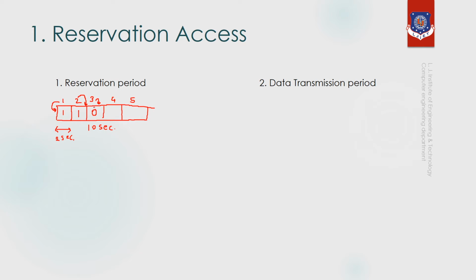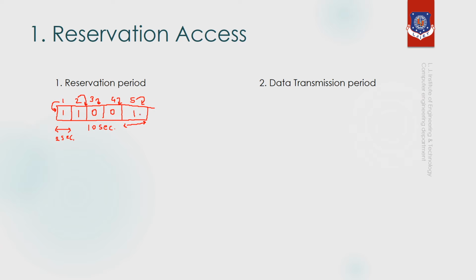So all the remaining devices will understand that device 3 is not going to send anything. Suppose device 4 also doesn't want to send anything, so it will send 0 in its respective slot, right? And suppose device 5 wants to send any data, so it will send 1 in its respective slot, so the remaining devices will interpret that device 5 is going to send data.